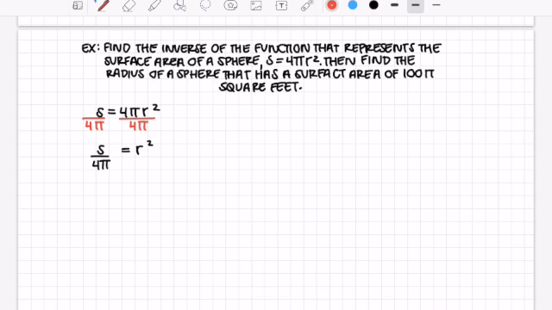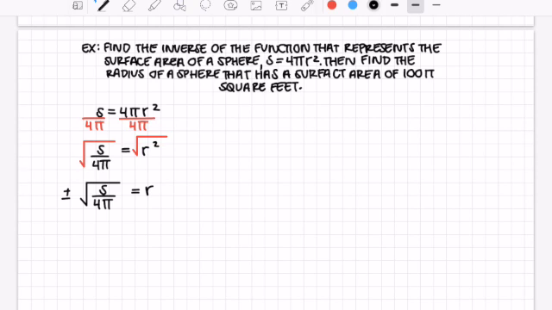To get rid of that r to the power of 2, I'm just going to square root both sides of my equation, and I get left with plus or minus square root of S over 4 pi equaling r.